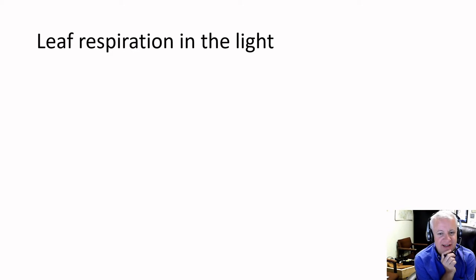It's actually a very difficult question to answer, especially with gas exchange, because when we measure gas exchange, we're measuring the combined effects of several processes: gross photosynthesis, respiration, and actually photorespiration as well.